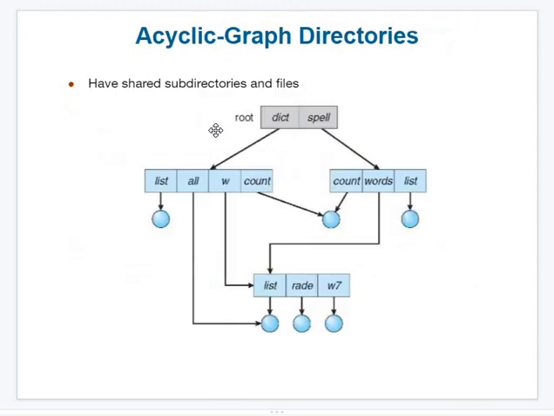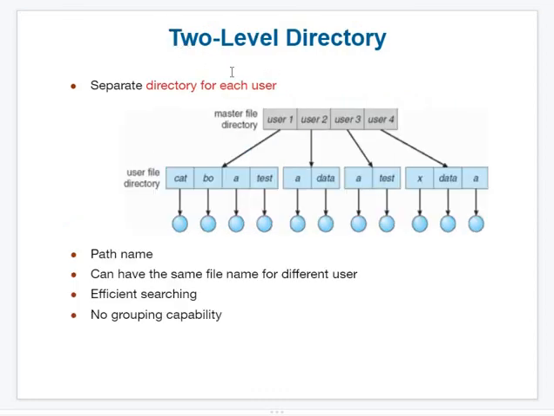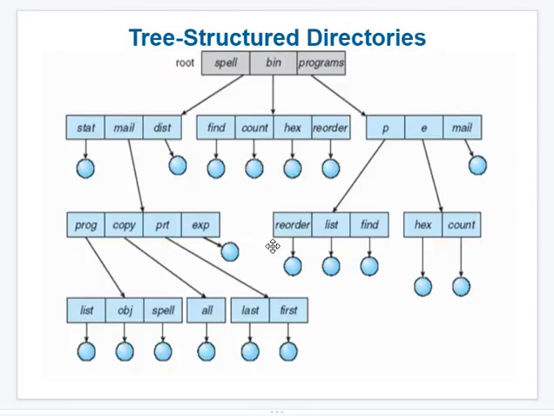Let me tell you one point here. In the single level, I cannot give the same name for all the files. In two level, I cannot have sharing. In a tree, I have sharing, but the length of the tree can be anything.